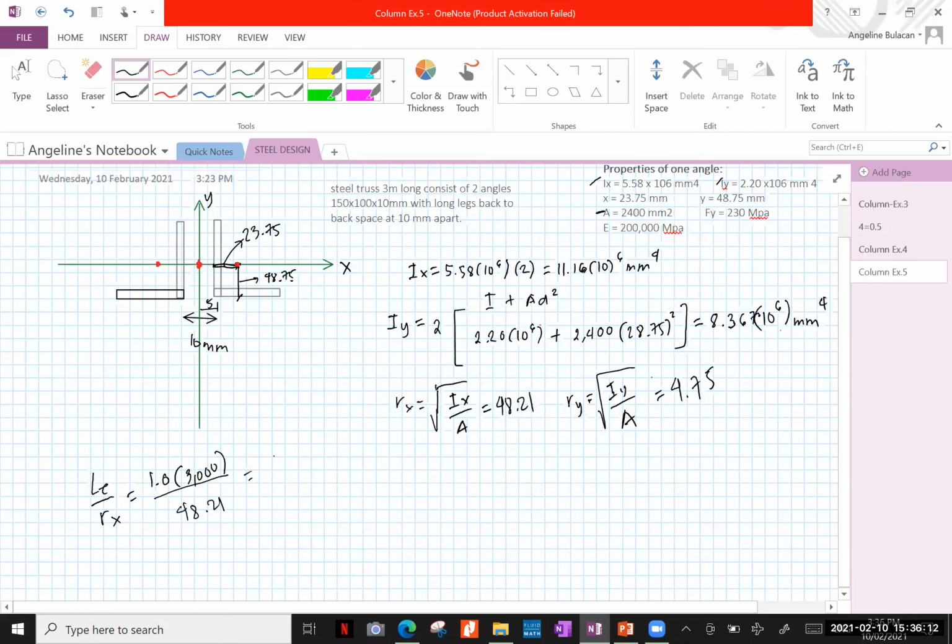So, kapag hindi kayo nag-round off, ang lalabas dyan is 66.22. Le over ry naman. Kapag hindi rin kayo nag-round off, natin.